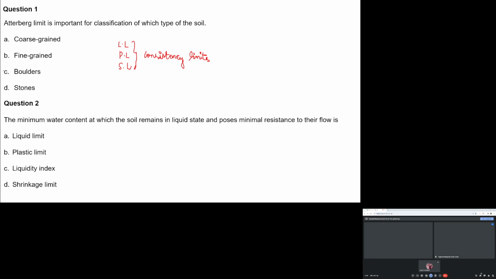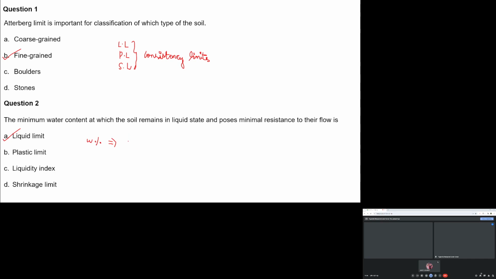Okay. Your answer to the first question is fine grained, and this is obviously liquid limit. We know the liquid limit, plastic limit, and shrinkage limit, as well as the liquidity index. Not liquidity index: liquid limit, plastic limit, and shrinkage limit are essentially water contents. The minimum water content at which the soil remains in liquid state.